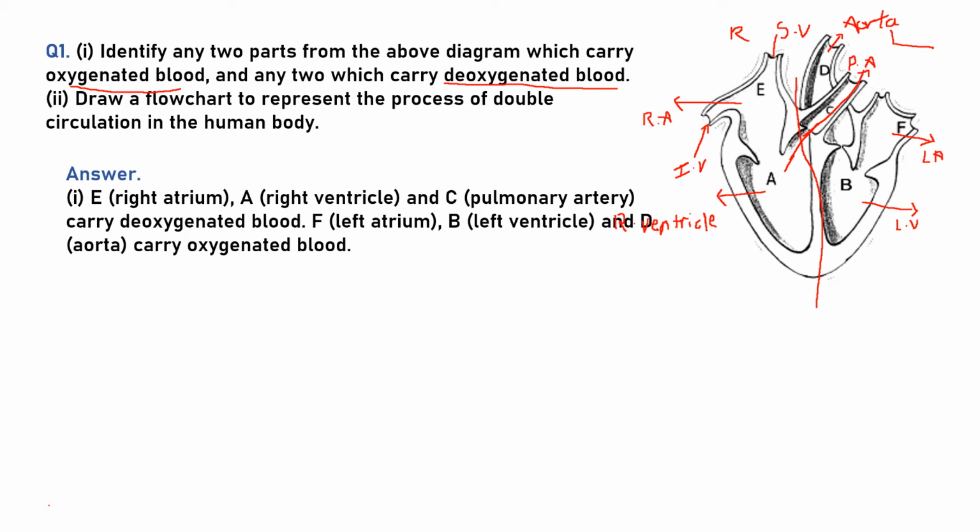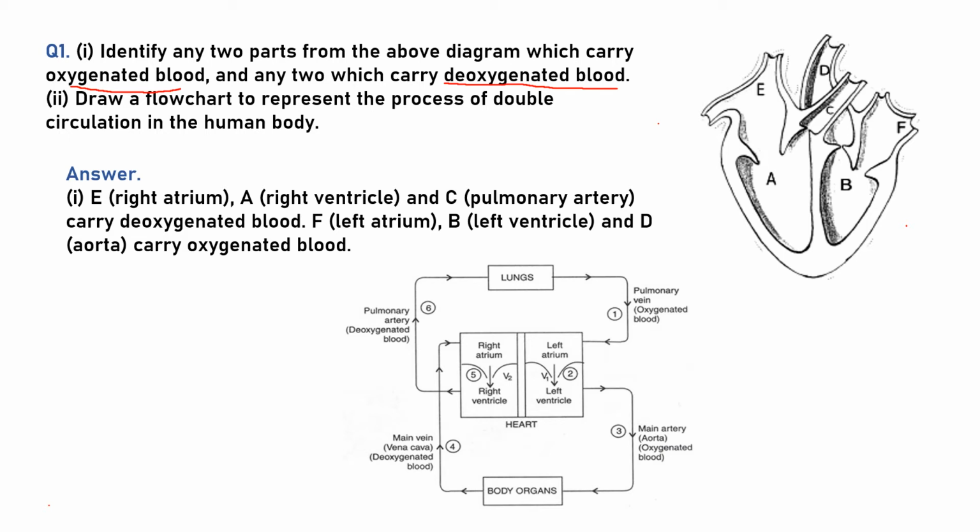F is the left atrium, B is the left ventricle, and D is the aorta. These all carry oxygenated and deoxygenated blood, right? So I'll rub this so that you can do it on your own. I've explained it, and for the explanation I have used my pen, right?